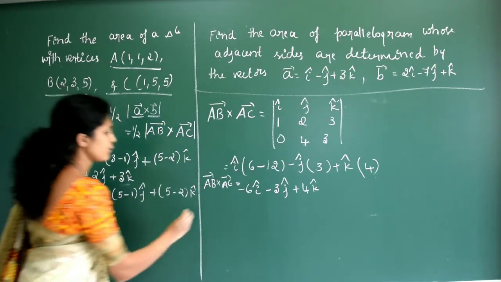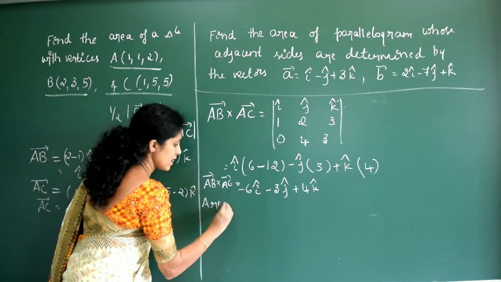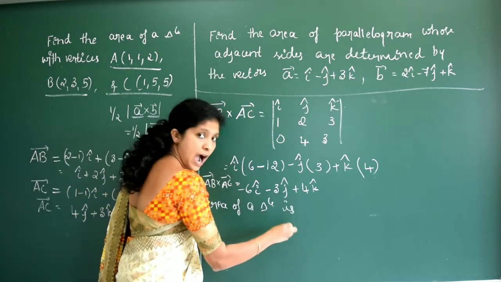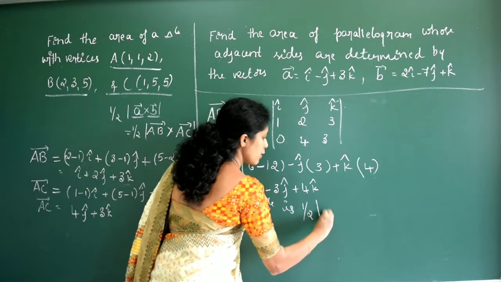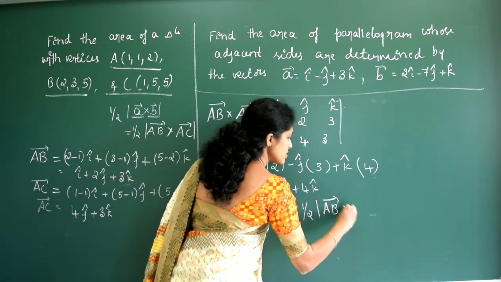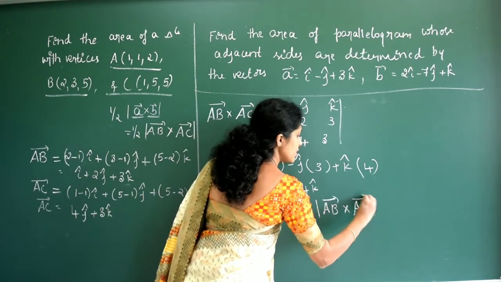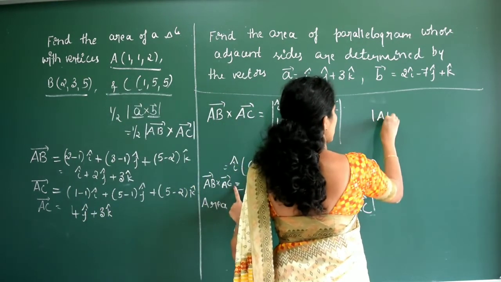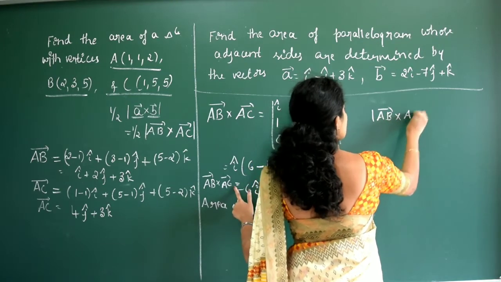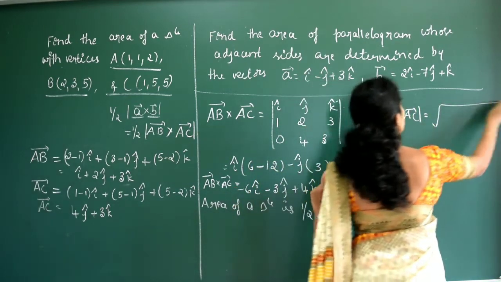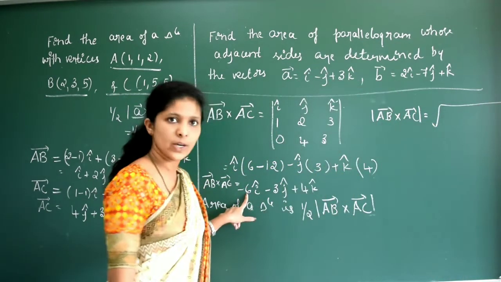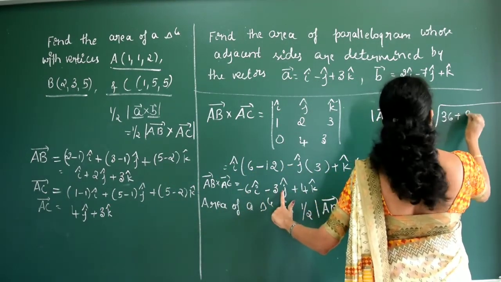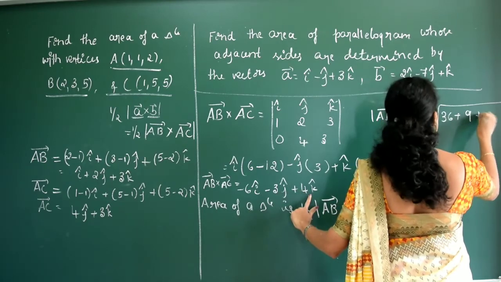So now area of a triangle is half into magnitude of AB vector cross AC vector. Now first find the magnitude of this. What will be the magnitude of this? Magnitude of AB vector cross AC vector is equal to root of, see, 6 square will be 36 plus 3 square is 9 plus 4 square is 16, right?